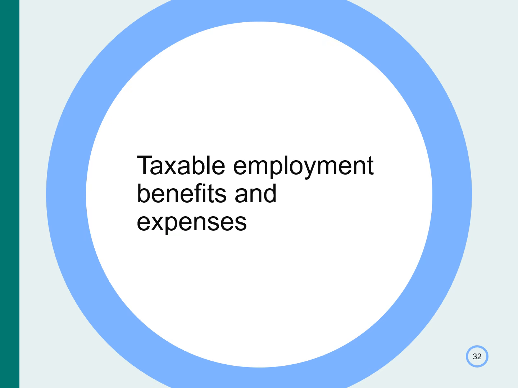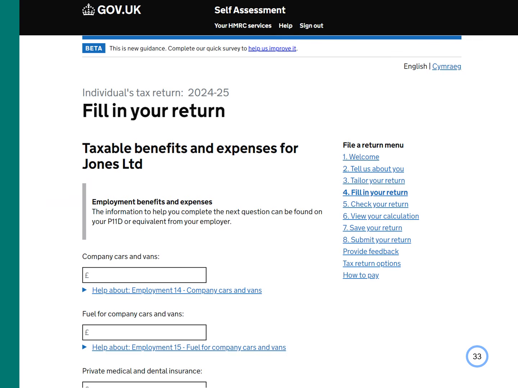So let's look at how you tell us about any taxable benefits and expenses on your tax return. This is the page for you to enter your taxable benefits and expenses payments from your employer. There are boxes for each type of taxable benefit you may have received.